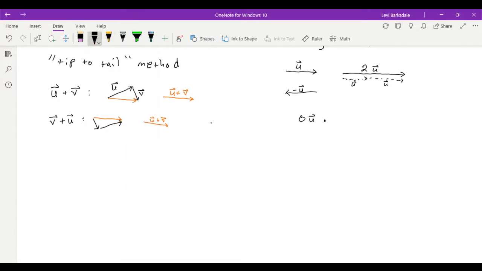And you might often see this written in a nice parallelogram, kind of like this. There's vector u as well, there's vector v as well. And you'll notice they just make a parallelogram with our composite vector u plus v as the diagonal.